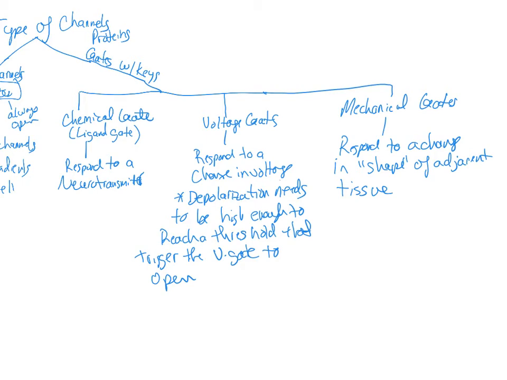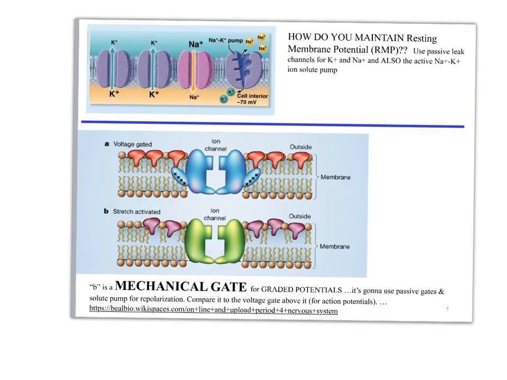All right, let's start looking at our pictures now. Okay, so I've got two major pictures here. What I like is right here, they are showing some passive gates or leak gates or leak channels.